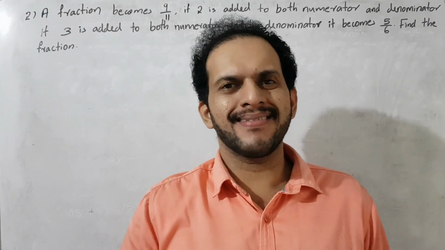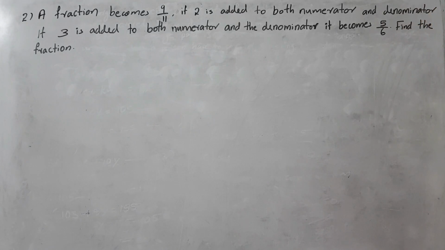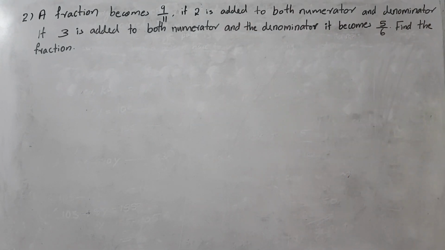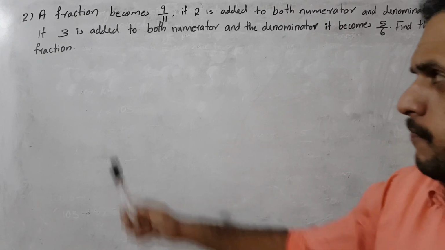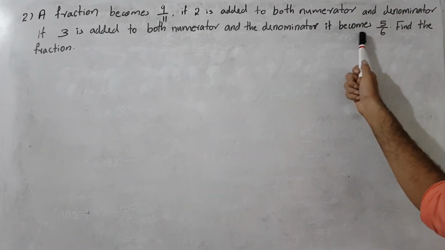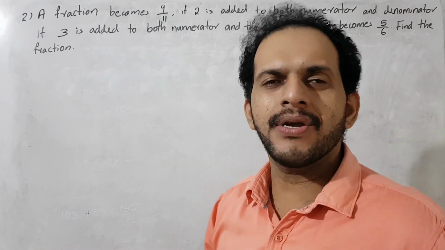The second question is like this: a fraction becomes 9 by 11 if 2 is added to both numerator and denominator. If 3 is added to both numerator and denominator, it becomes 5 by 6. Find the fraction. We have two conditions here, correct?